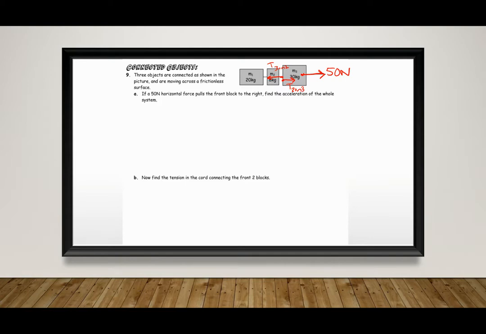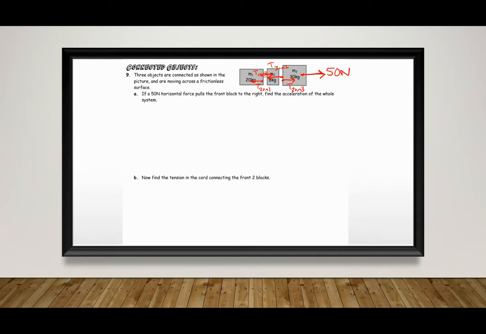Okay, now if you look at the next string, we have our tension 1 on 2. And then we have a tension of 2 on 1. So what does that tell us?